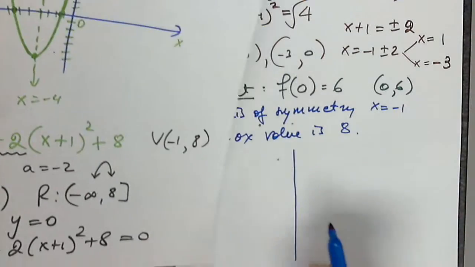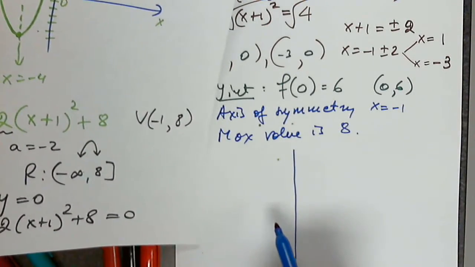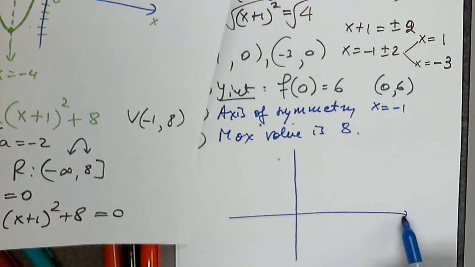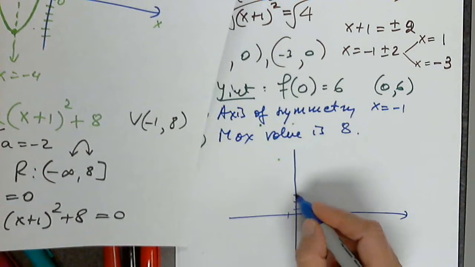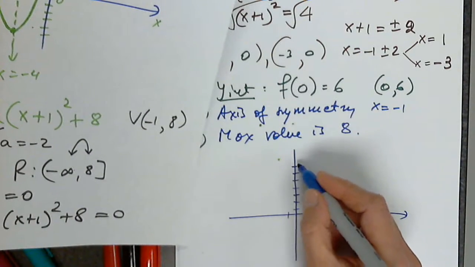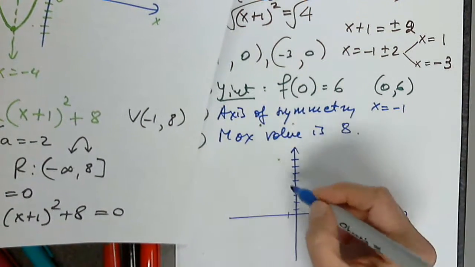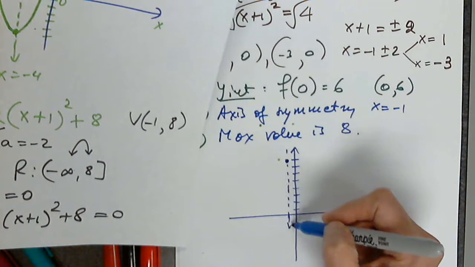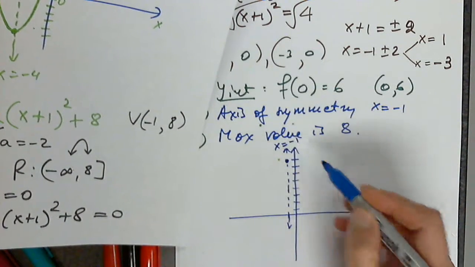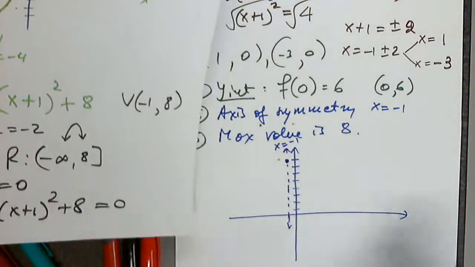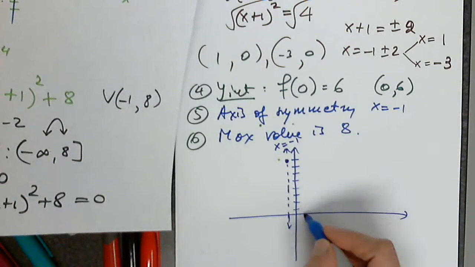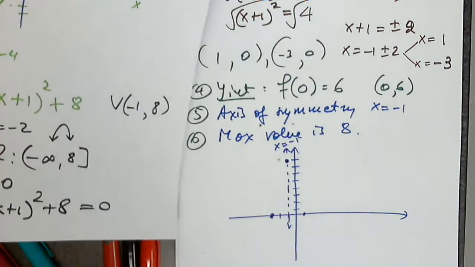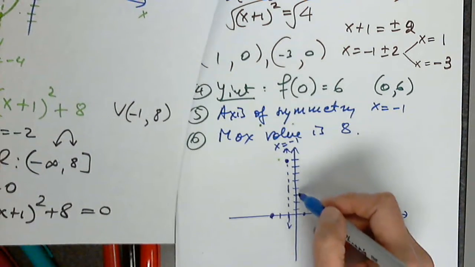I have negative 1, 8. 1, 2, 3, 4, 5, 6, 7, 8. Right here. Then the axis of symmetry, x equals negative 1. Then we found the x and y intercepts, 1, 0, negative 3, 0, and 0, 6.